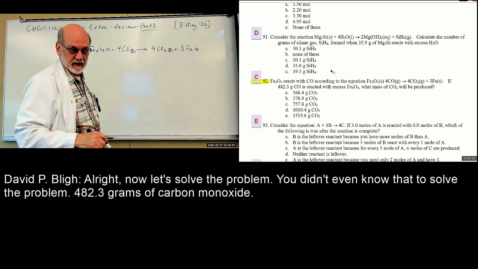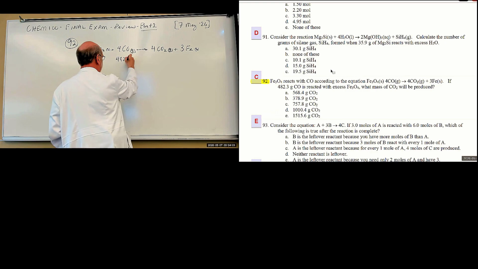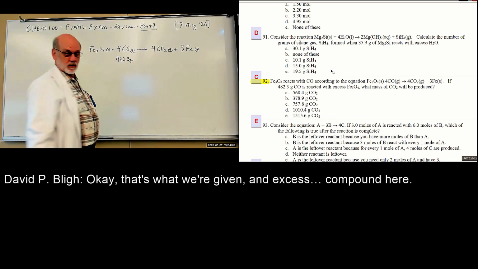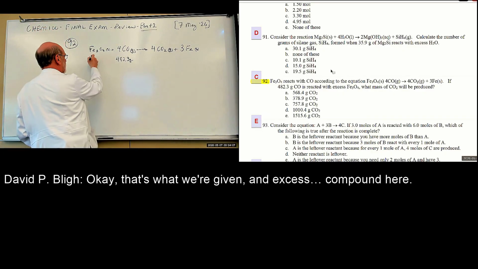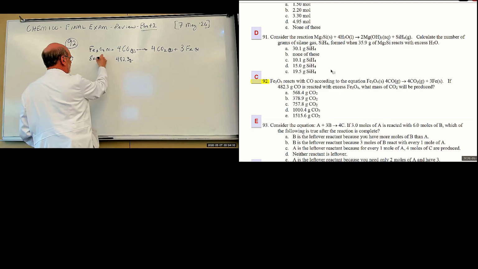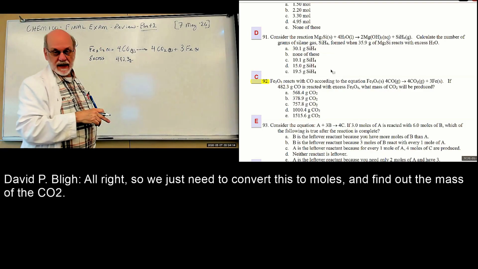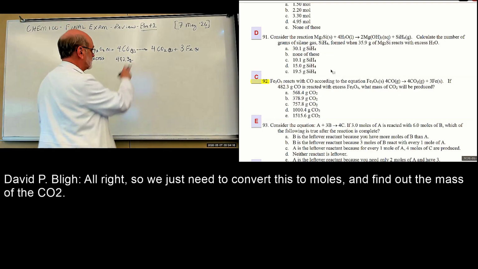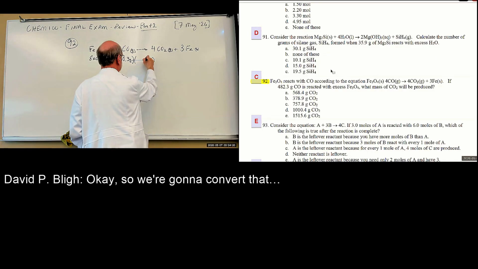482.3 grams of carbon monoxide. Okay, that's what we're given, and excess compound here. All right, so we just need to convert this to moles and find out the mass of the CO2. Right? So we're going to convert that.